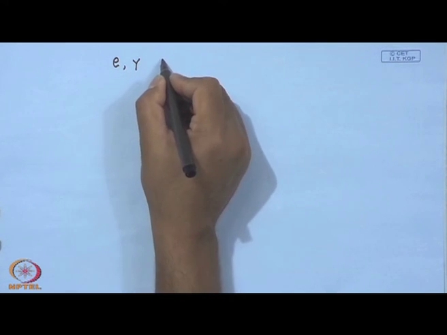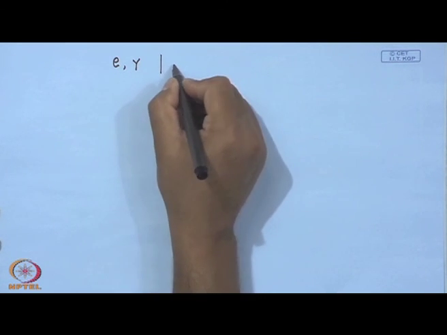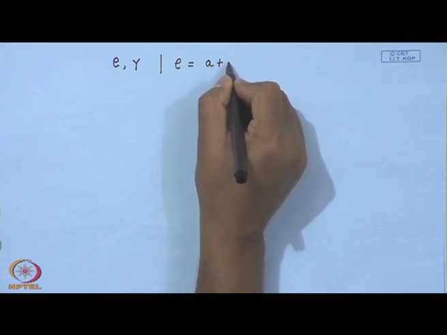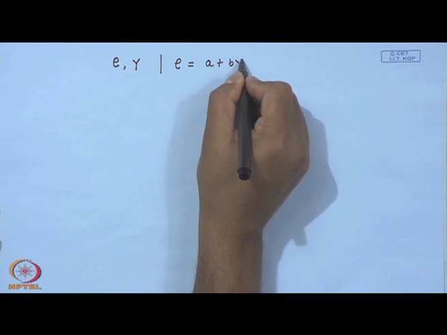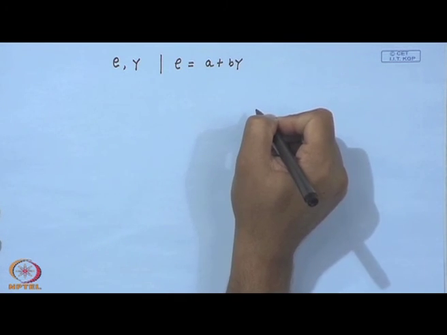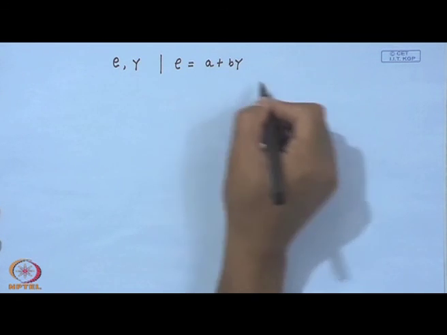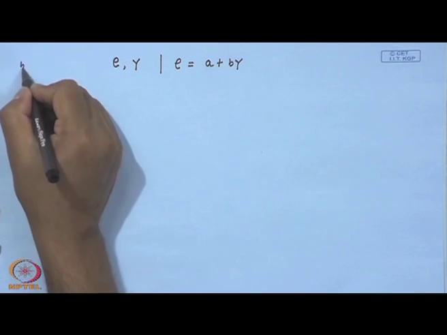Suppose the relation is a straight line: E is equal to a plus b y. What I have to prove is that this b is equal to 1 minus R square, the slope is 1 minus R square. This is part B.